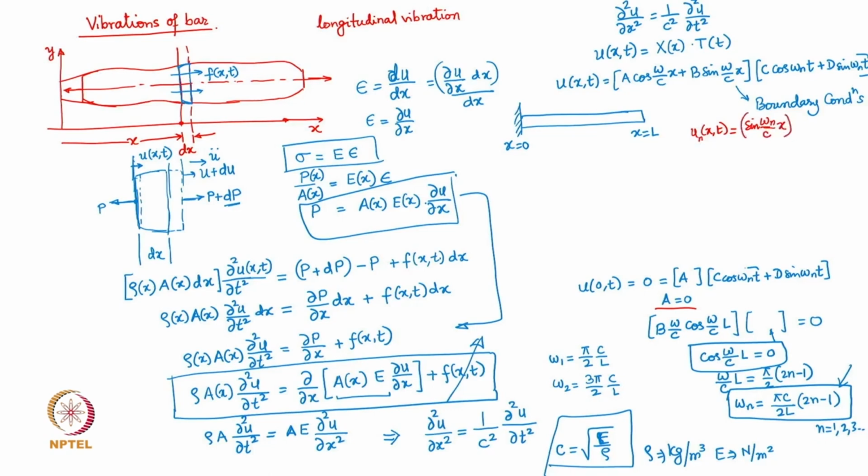That is basically the mode shape because b is not 0, and then of course you have cn cos omega n t plus dn sine omega n t.